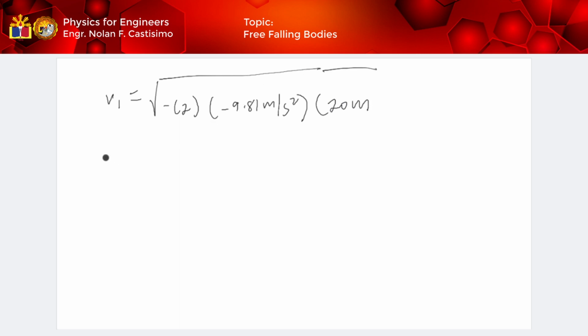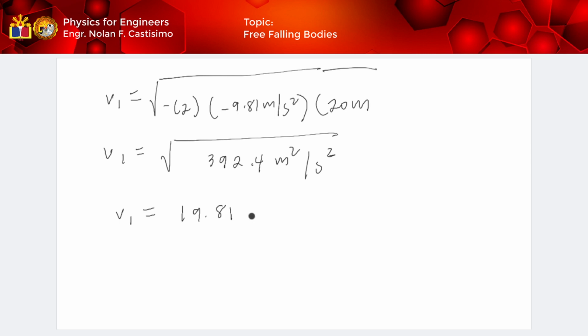So, v1 will be equivalent to the square root of 392.4 meters square per second square. And if we have to simplify this value, will become 19.81 meters per second. So, cancel out na yan.